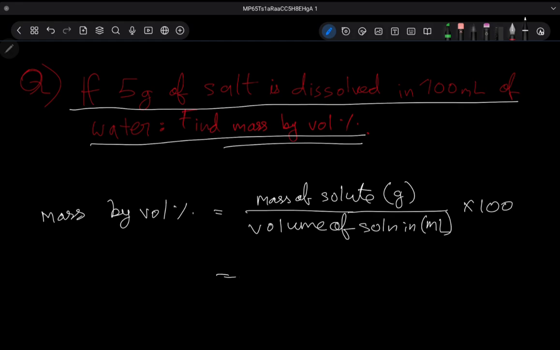Here the mass of solute is 5 gram and the volume of solution is 100 ml, so 5 by 100 into 100. The 100s cancel, giving 5%.